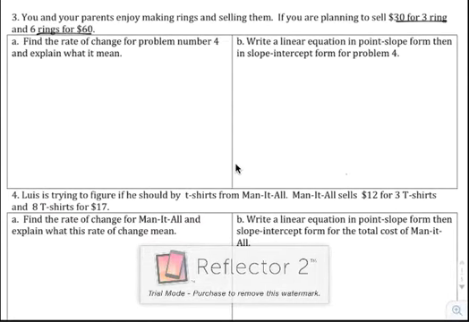Okay, and distribute first. This is point slope formula. It's asking for the 2 of them. This is point slope form. Distribute.